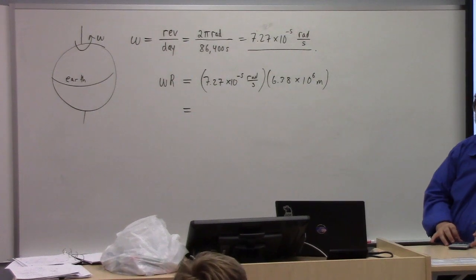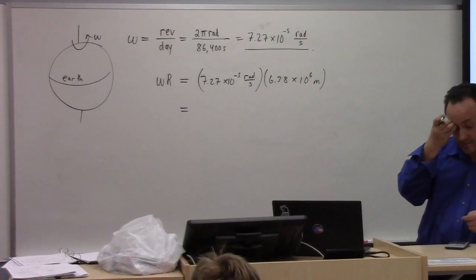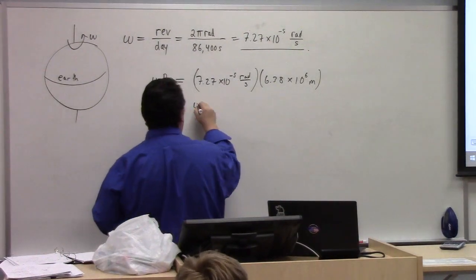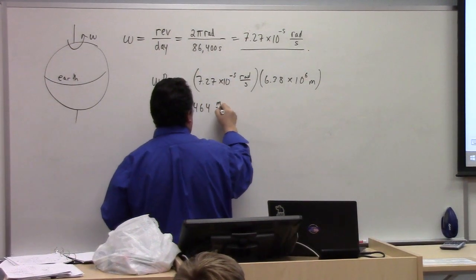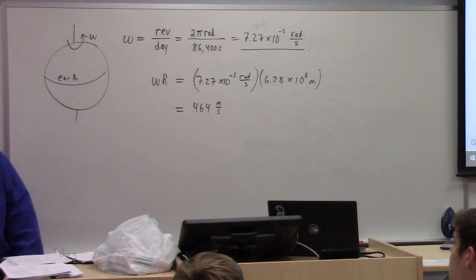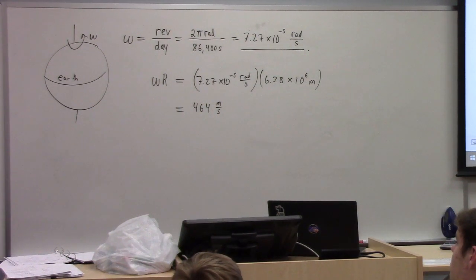If I didn't do it wrong, 463 point, well, let's just say 464 meters per second. Now the flat earthers would be like, see, I told you we're moving. You'd feel that.